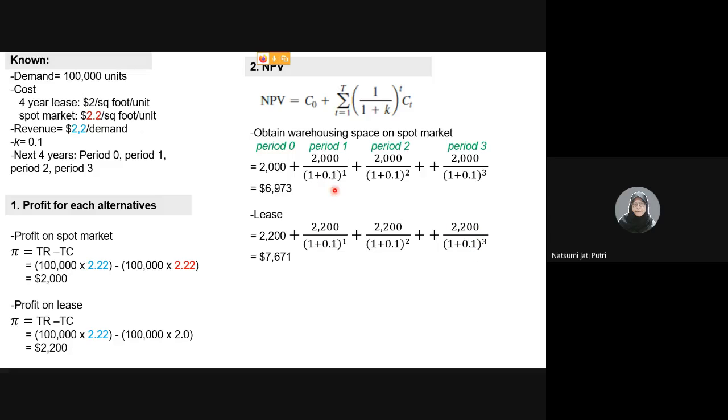And the 0.1 here is obtained from here, the discount rate or K, and we get this number. So from this discounted cash flow computation, we pick the bigger NPV, and it is the lease option. So the company needs to pick the 4-year lease.